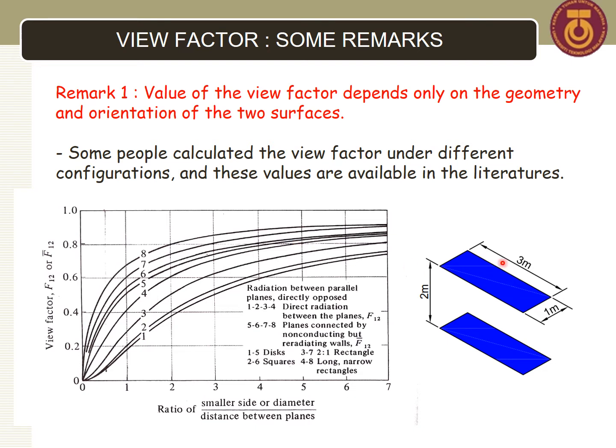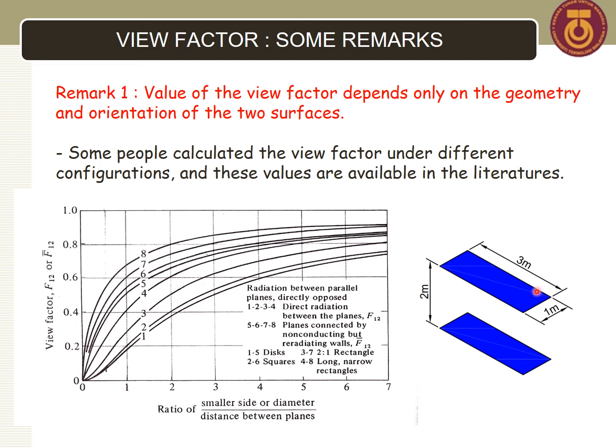If the two planes are circles, you need to refer to either curve 1 or curve 5, depending on whether there are re-radiating walls between them. So let's see this example. This example is a rectangle.